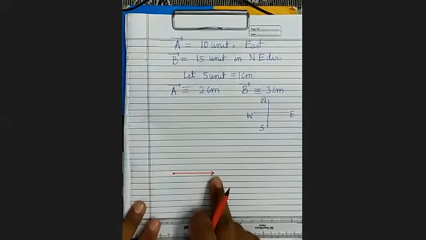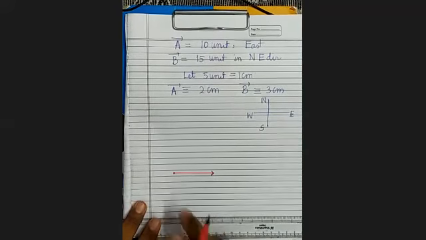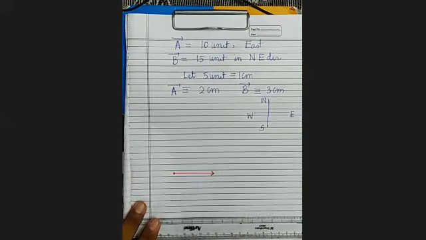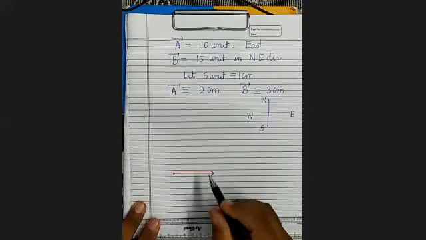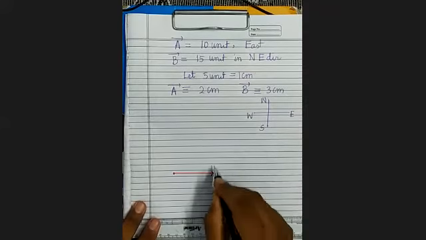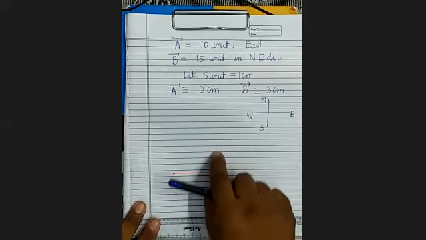Now you can see here, this is the head, this is the tail. Now you have to start the second vector from the head of the first. So see here, with respect to this point, this is east and this is north.